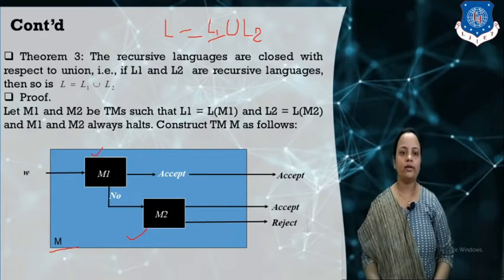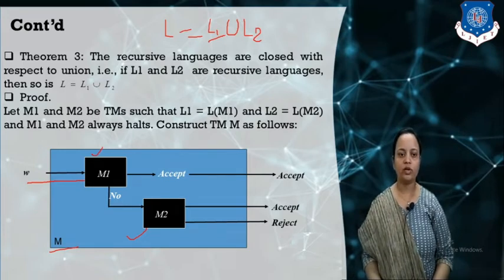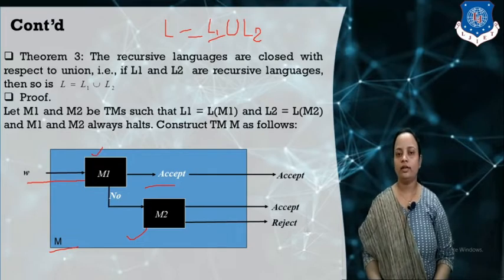Here you can see, if I give an input string W to machine M1, which represents the language L1, and W is in L1, it accepts it, and so our machine M also accepts it.